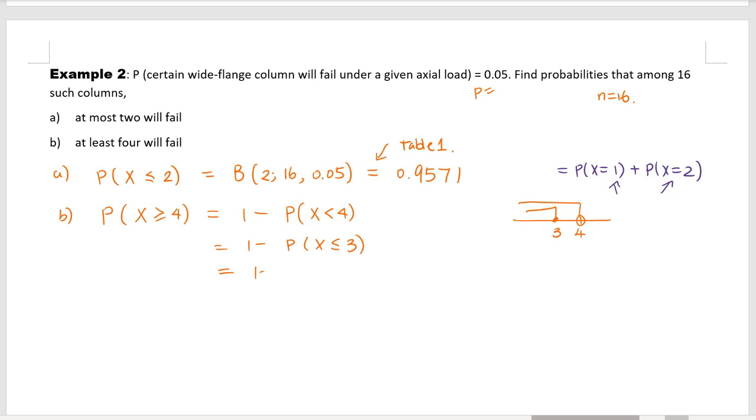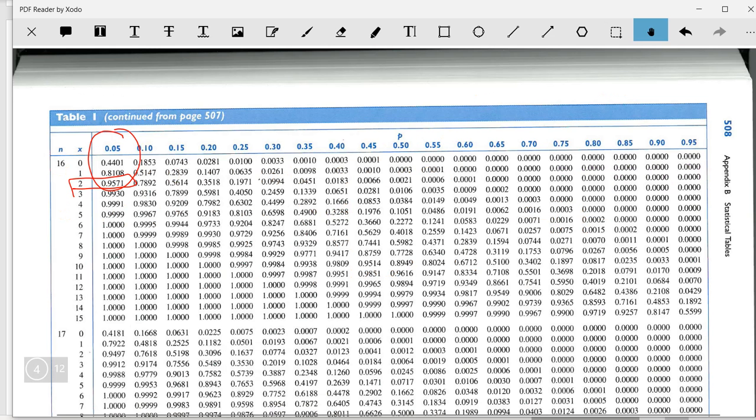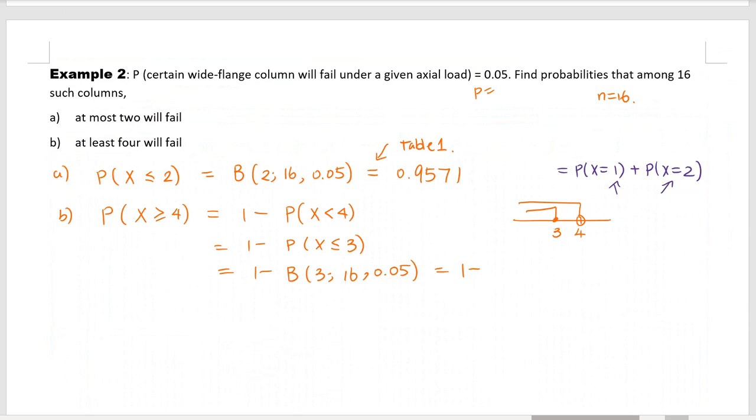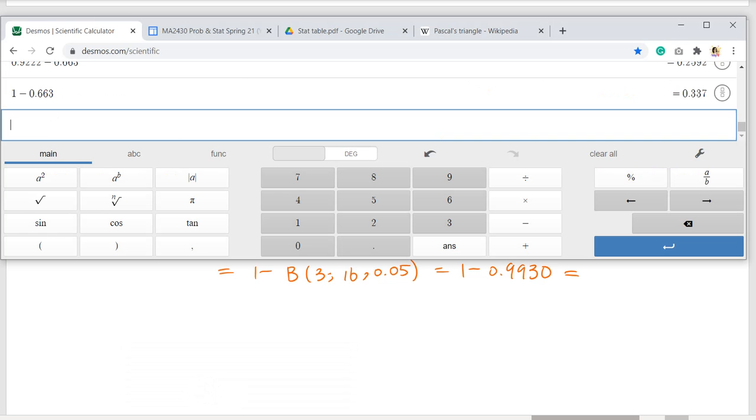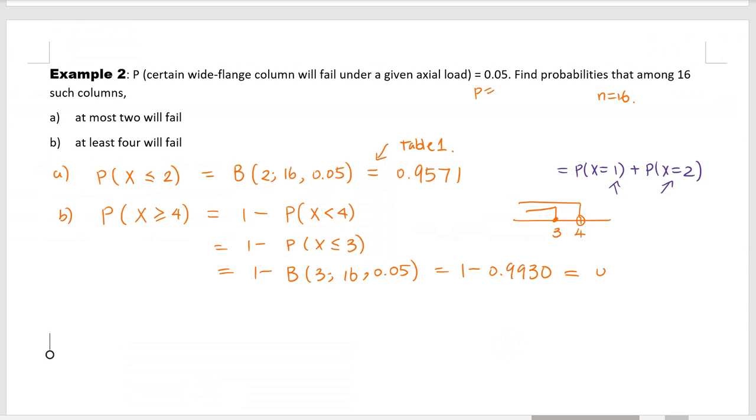Then this is B(3; 16, 0.05). What is that? This guy, 0.9930. And so 1 minus 0.9930 is just 0.007.